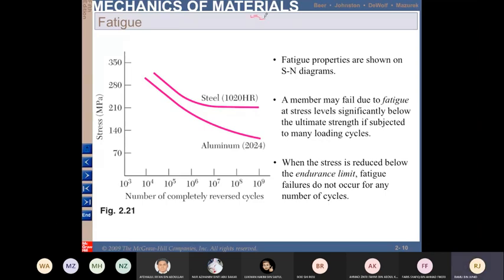Okay. So as I said yesterday, this is fatigue result. Fatigue in Malay we call it as lesu.